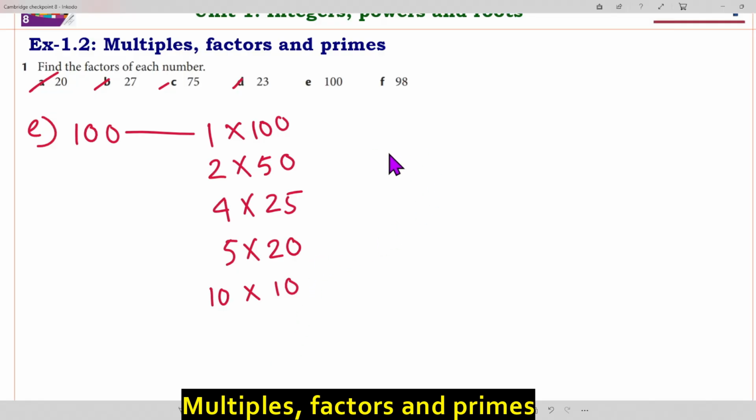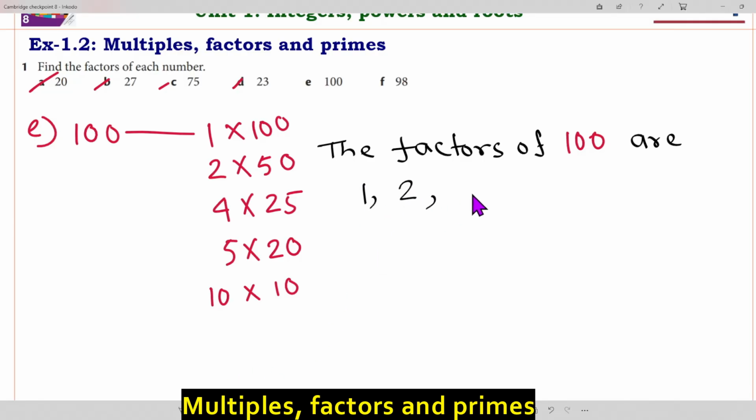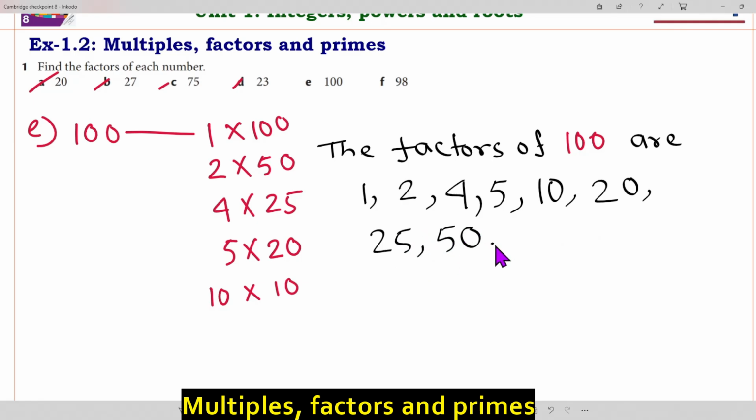So we can say the factors of 100 are 1, 2, 4, 5, 10, 20, 25, 50 and 100. Very simple. So if you solve these kinds of problems step by step, you have no chance to make a mistake.